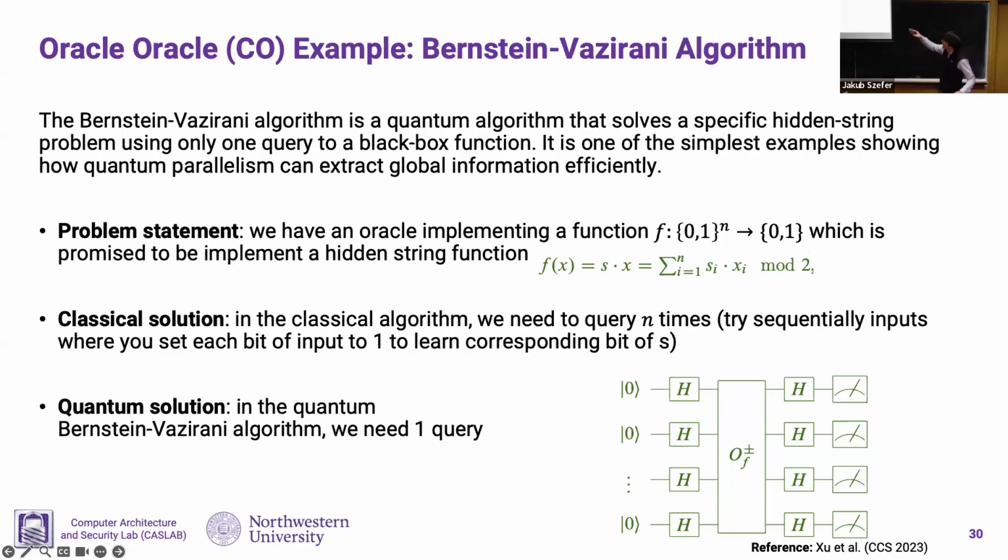Classically, you would have to query it n times to try different bit positions to see if that bit is in the string. But the Bernstein-Vazirani algorithm lets you identify the hidden substring in one shot. And the oracle is the circuit that implements that hidden substring.